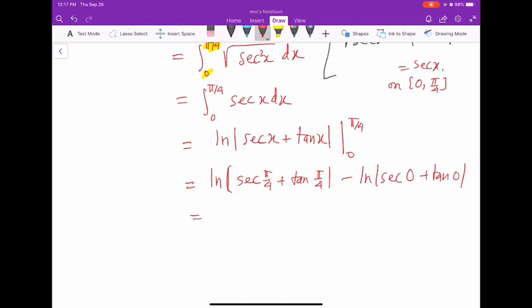Secant of pi over 4 is square root of 2, and tangent of pi over 4 is 1. So you have ln of square root of 2 plus 1. Secant of 0 is 1, and tangent of 0 is 0. So you have ln of 1 plus 0 in here. Of course, this is 0, right? So finally, the final answer is ln of square root of 2 plus 1.